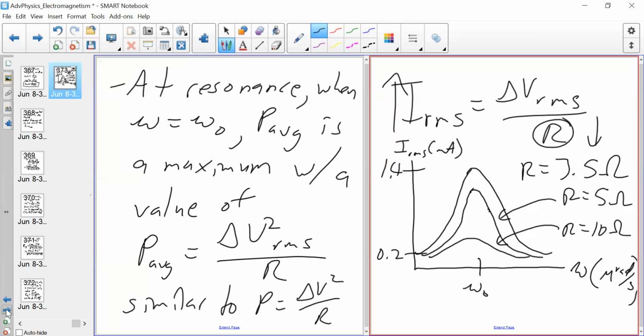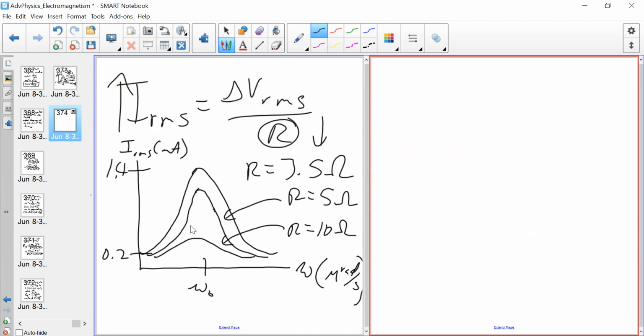So let me write up this quality factor thing, because it basically governs the width of these peaks, right? So quality factor, just go ahead and write all of this out.